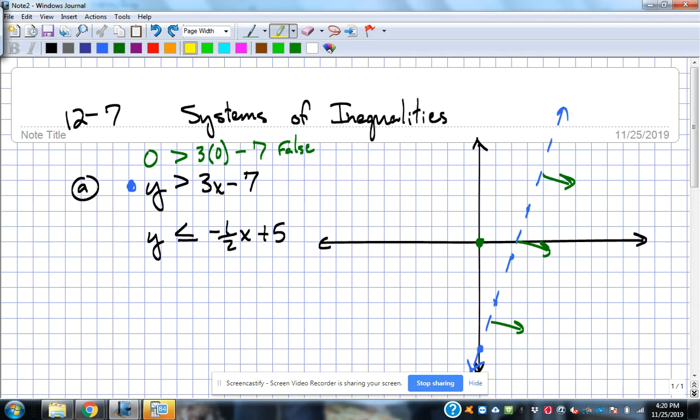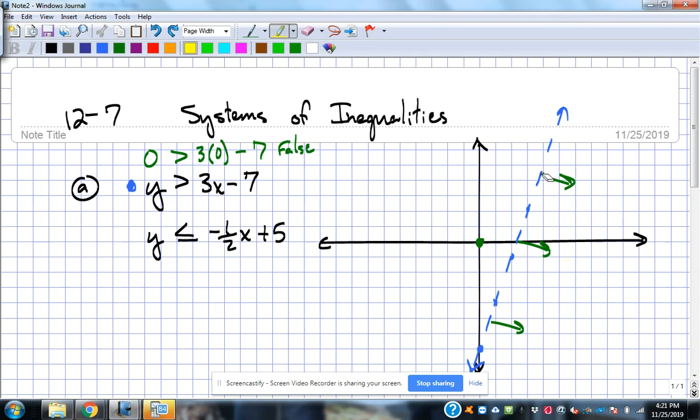I'm just going to point arrows and say shading that way, because I got to draw another line on here for this other inequality, and it helps me get a little better looking picture if I don't shade everything. So I plugged in 0, 0. That's the test point. It was false and it's on the left side of the line. So that means everybody on the right side of the line had to be true, right?